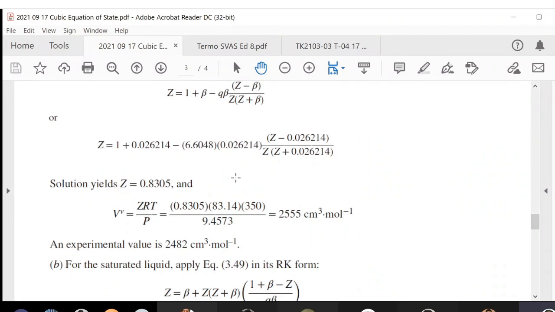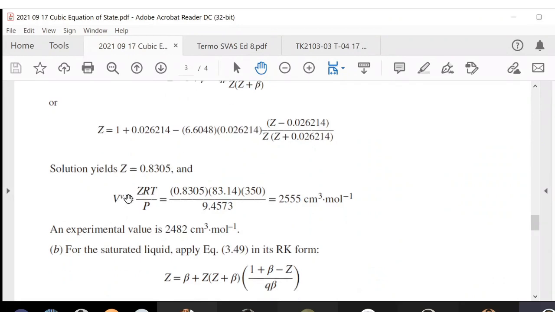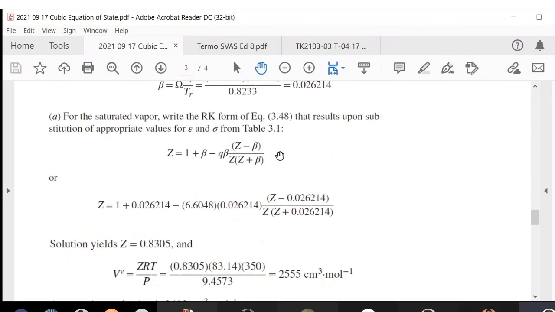Now we need to find the volume of the vapor. This equation is for the vapor, saturated vapor, from equation 48. Okay, later in the B, we will calculate for the saturated liquid, because we have liquid and vapor all together.